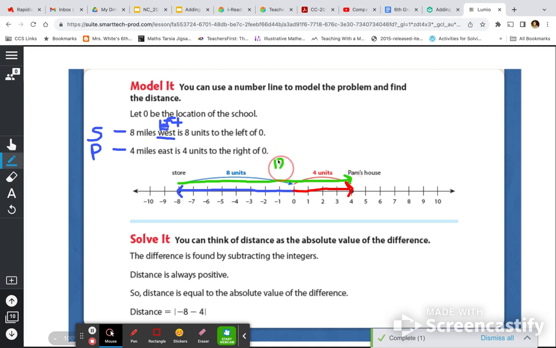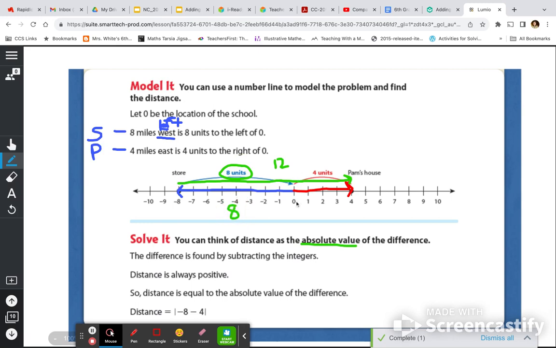You could also say, to do this, you can use what you've already talked about with absolute value. Now, the absolute value, or the distance from 0 that the store is, is 8 units. So the absolute value of 8 is 8.